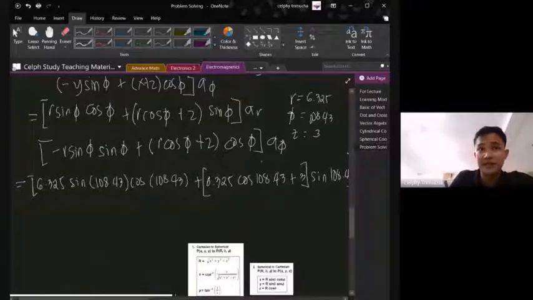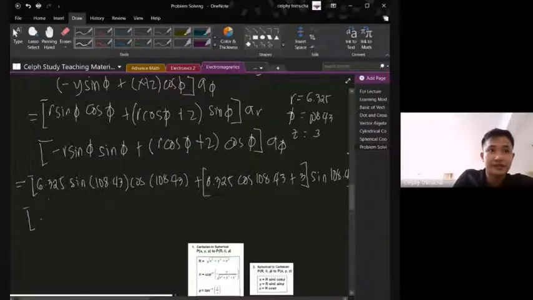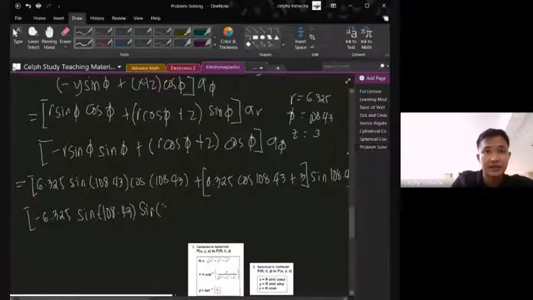Okay, same man sa imo nga sa A phi, kinahanglan mo mag-substitute values. So we will have negative r, 6.325 sine 108.43 sine 108.43.